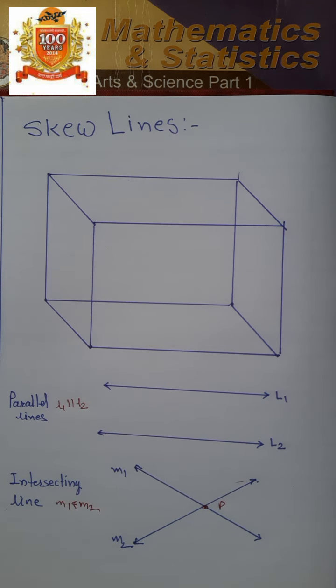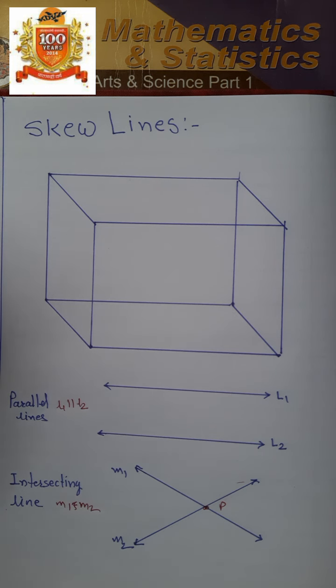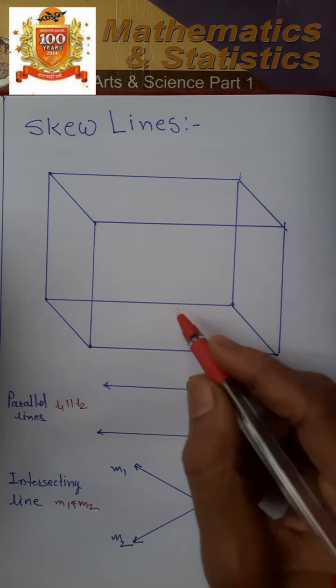Then what is meant by skew lines? The question arises in our mind. Skew lines are those lines which are not parallel and also not intersecting. How does this happen? See here.